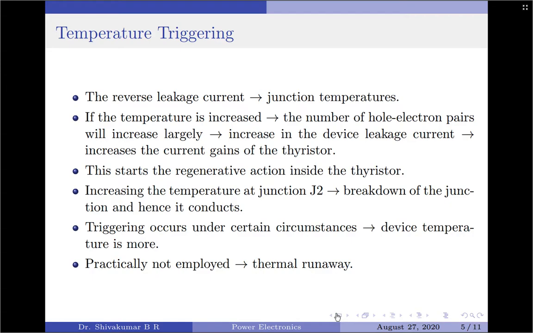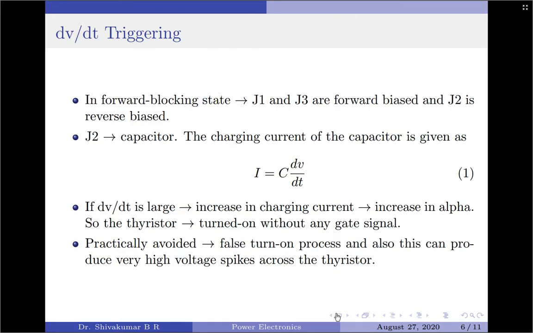This triggering occurs under certain circumstances, particularly when the device temperature is high. Therefore, this is also referred to as a false triggering technique. Lastly, this type of triggering is also practically not employed because it causes thermal runaway, which may damage the device.